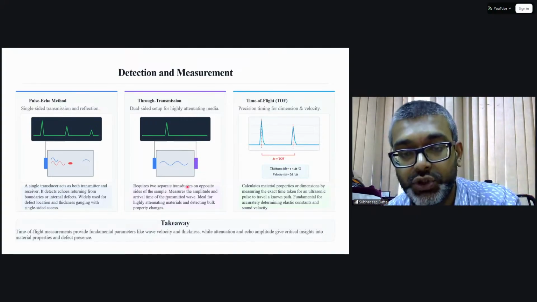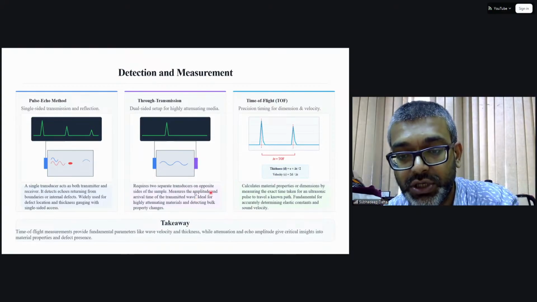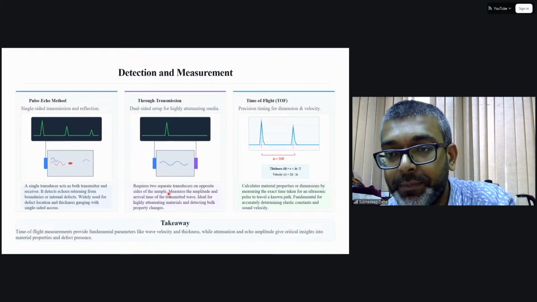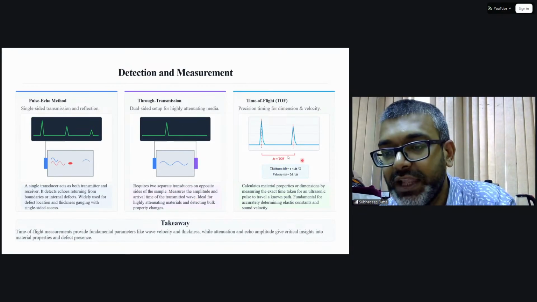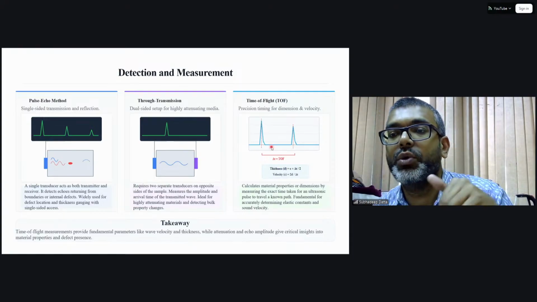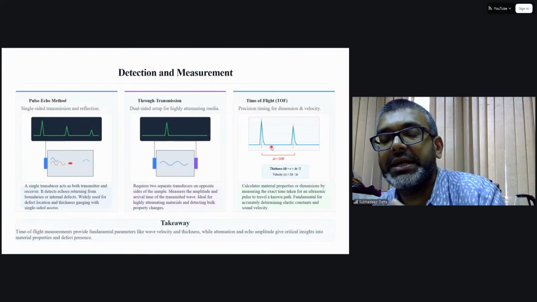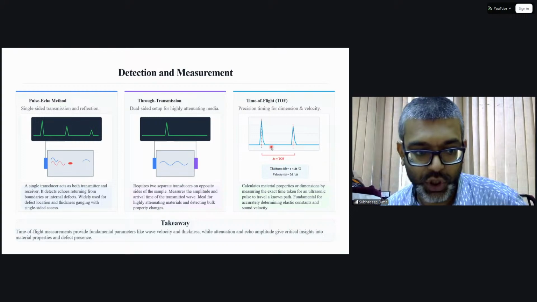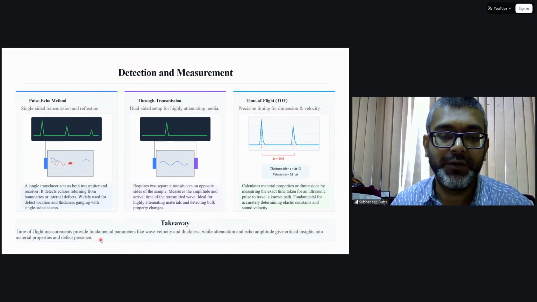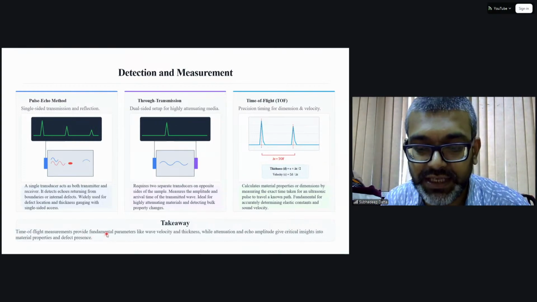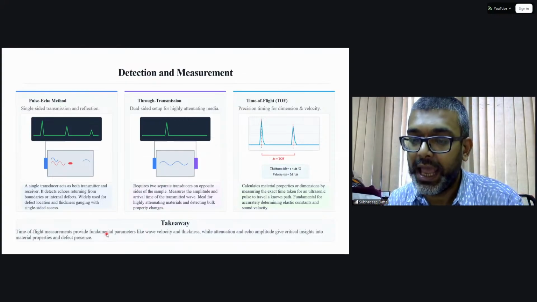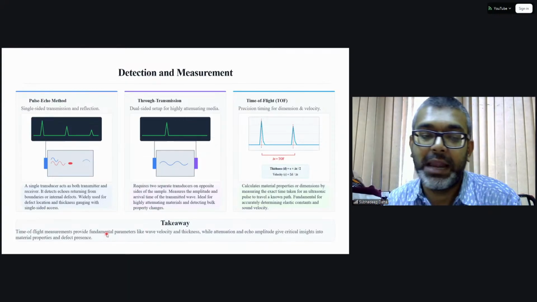So it's like two separate transducers on opposite sides of the sample, and then time of flight. We will use this one, where we will create sound, and we will see electrically how the time of flight of the sound is affecting our electrical device. Time of flight measurements provide fundamental parameters like wave velocity and thickness, and even attenuation and echo amplitude can be calculated.